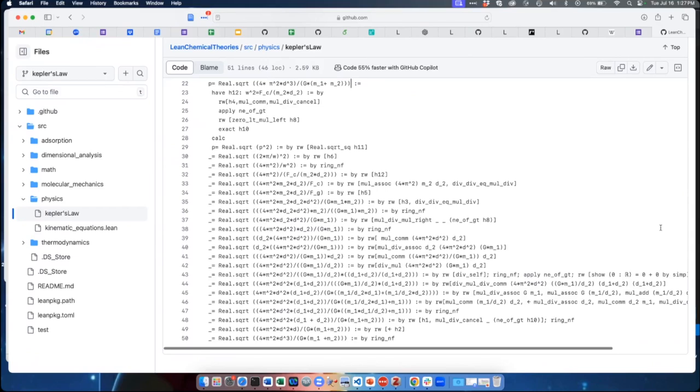It isn't necessarily going to be packaged with Mathlib either, because that is explicitly something that is outside of pure mathematics.